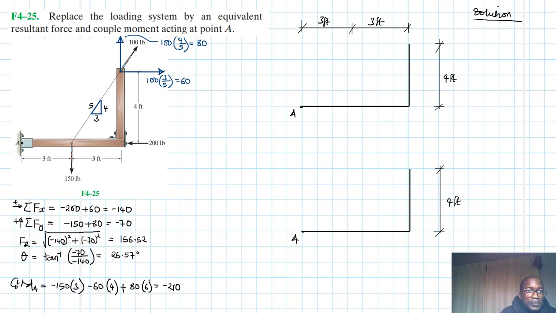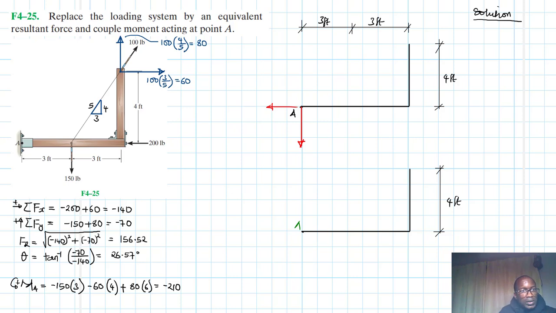So initially we had the resultant. Let me use red. Initially we had the resultant X in this direction, like so. All right, and then we had Y in this direction, like so. And the magnitudes, and then at this point here we had the resultant, which we can think of as being in this direction.